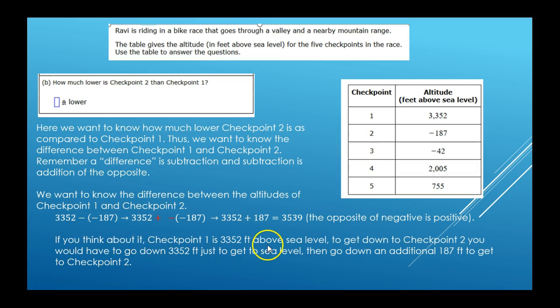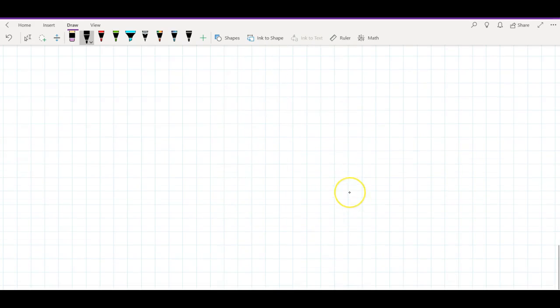So if you think about it, checkpoint 1 is 3,352 feet above sea level. To get down to checkpoint 2, you'd have to go down 3,352 feet just to get to sea level. Then you'd have to go down another 187 feet to get to negative 187.